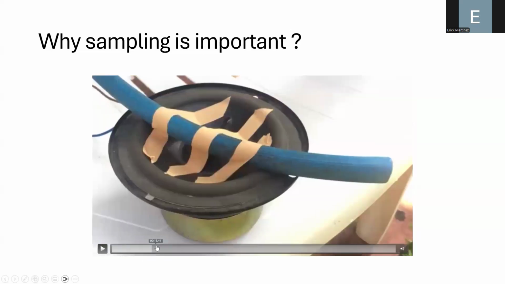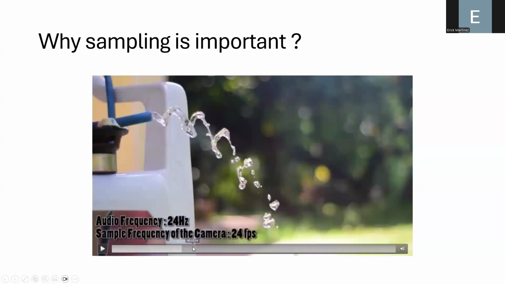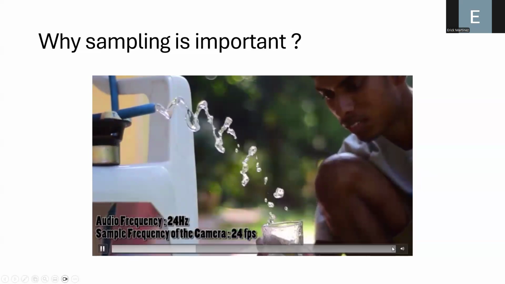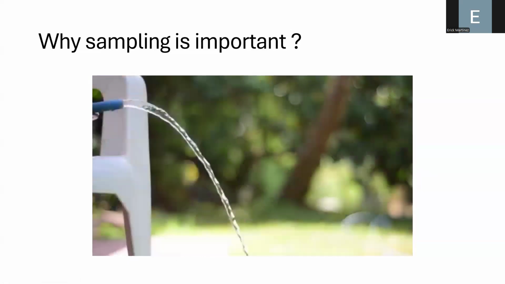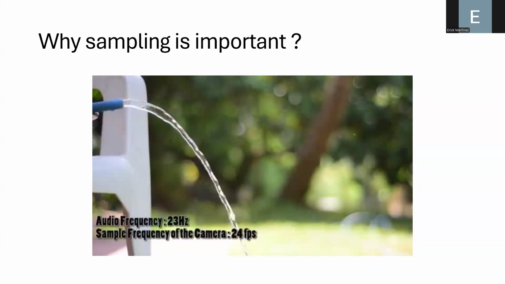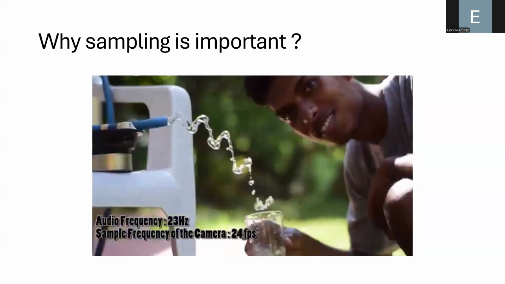But you can see here that when they are sampling at 20 hertz and the sound that they are playing is at 20 hertz, it seems that the water is static, that it is not moving. But we know that from a physical point of view, that is not possible. The water should be flowing from the hose to the ground.